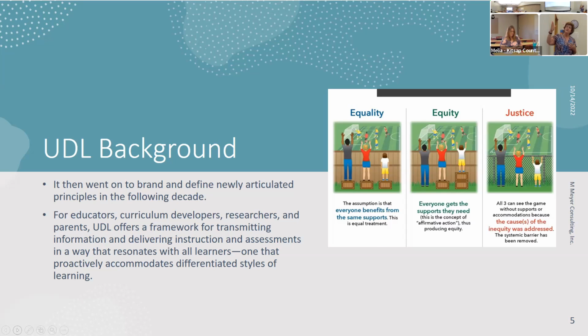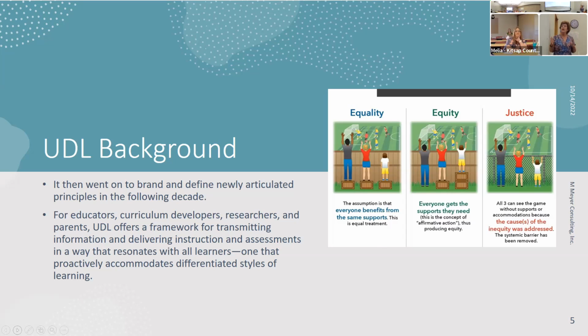So is this that we put retrofitting supports and modifications in place? That's an evolution. That's a good thing, but does it really meet the needs of everyone? No, it has to be retrofitted. So we go to the third, where all three can see the game without supports or accommodations, because the cause of the inequity was addressed first.